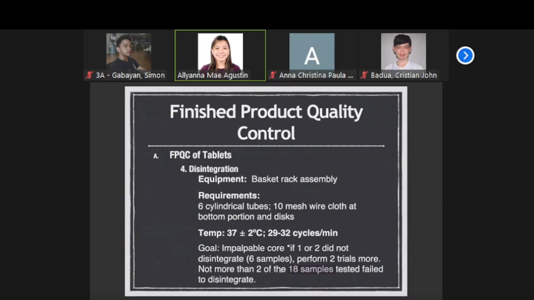Bagsak na siya sa disintegration test. So kung dito, class, sa first stage pa lang, 3 na yung bumagsak, then wala nang second chance. So walang 2 trials more na. Okay? Ayan. So you have your disintegration. So again, take note of the number of samples, yung goal, at yung temperature.